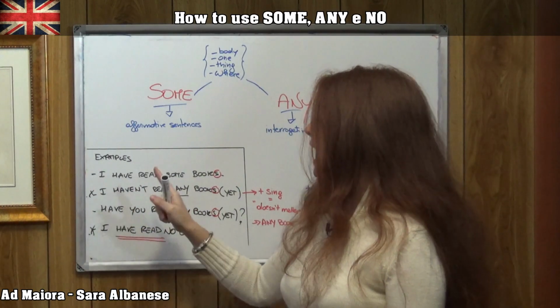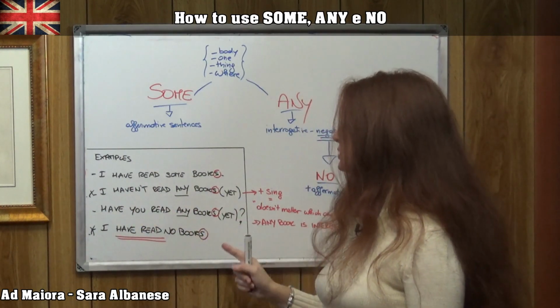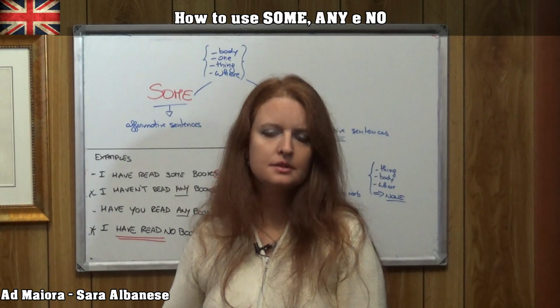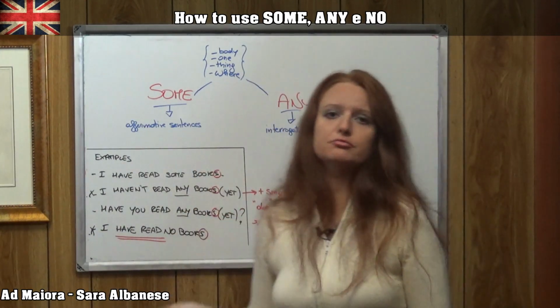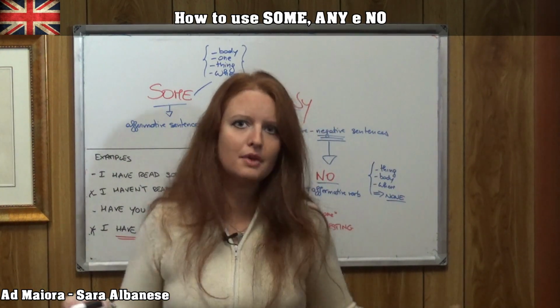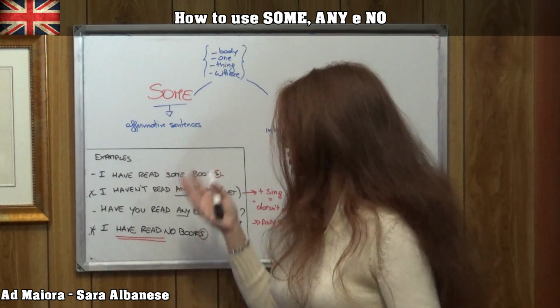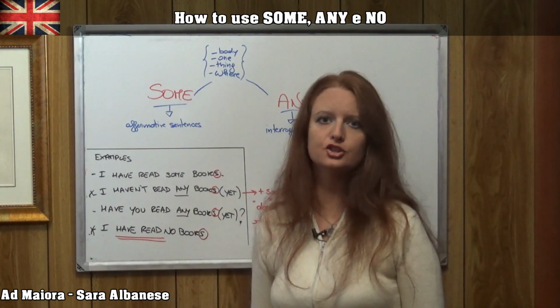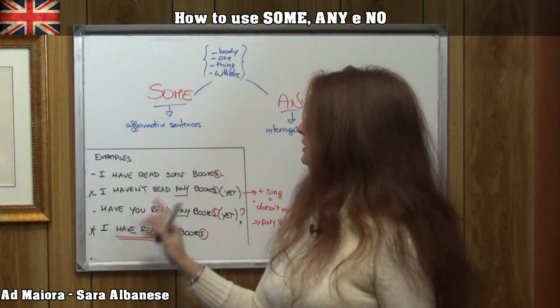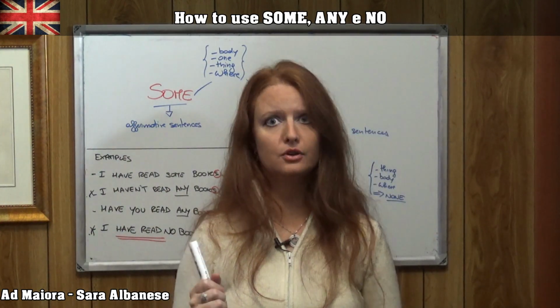Another example: have you read any books yet? This is a question. Also in this case, I can put yet or not. This is absolutely my decision to put it as just an option. The very important thing is that this is a question, so a question mark at the end of the sentence and obviously an interrogative verb.